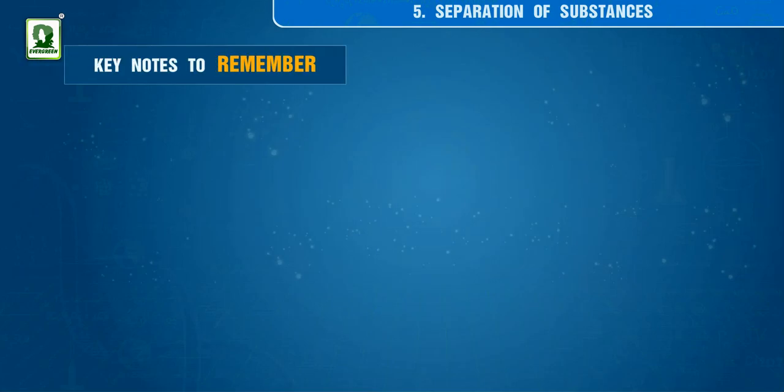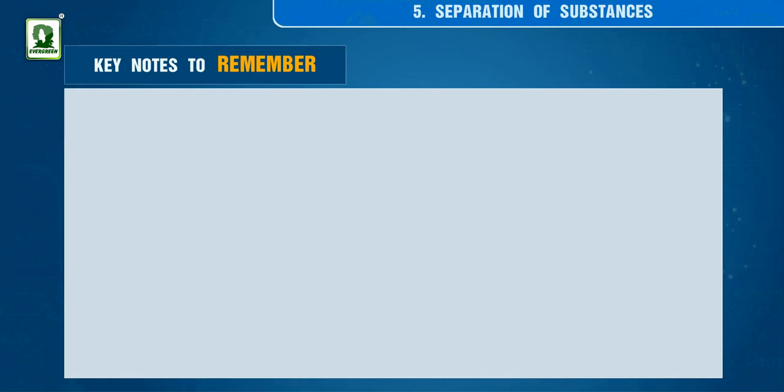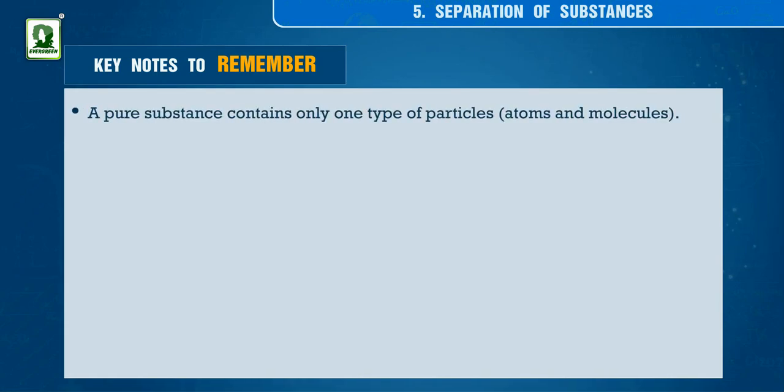Keynotes to remember. A pure substance contains only one type of particles, atoms or molecules. Most substances around us are not pure but mixtures.